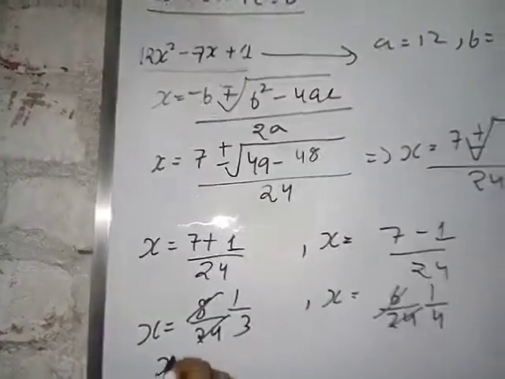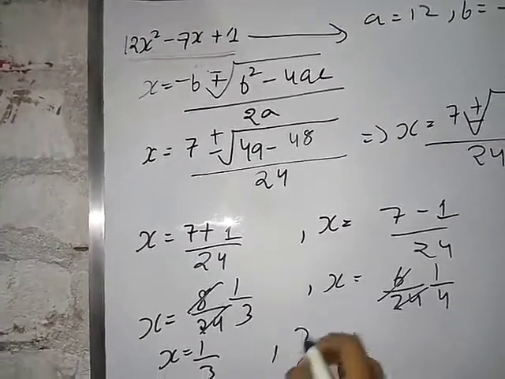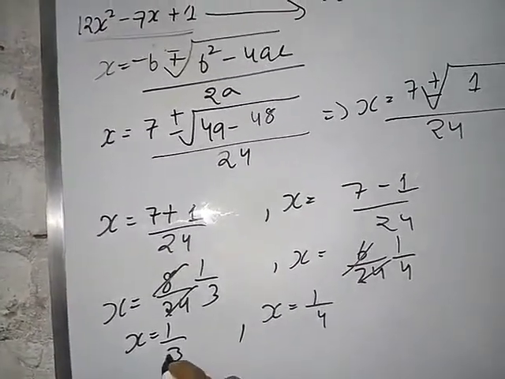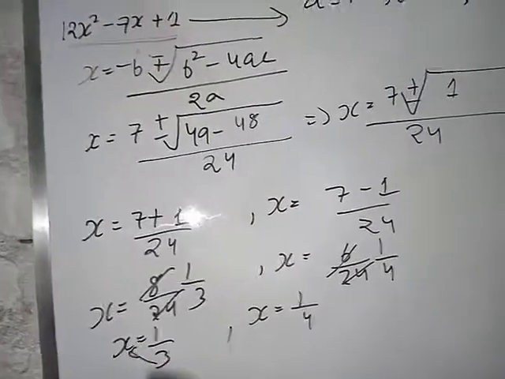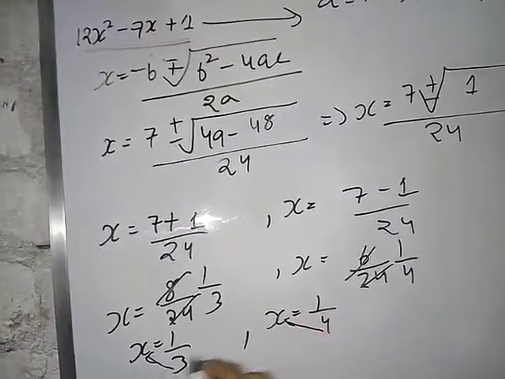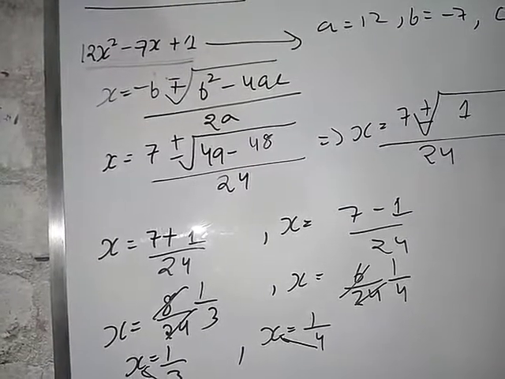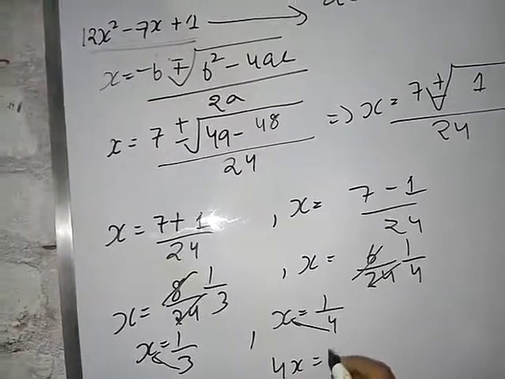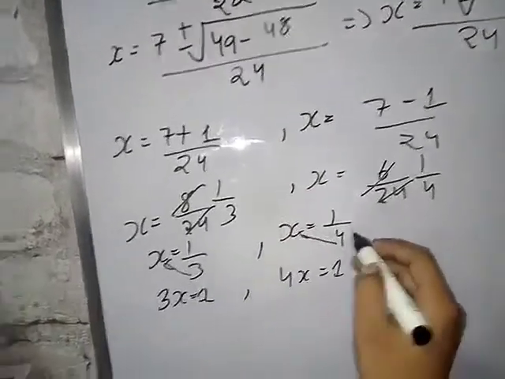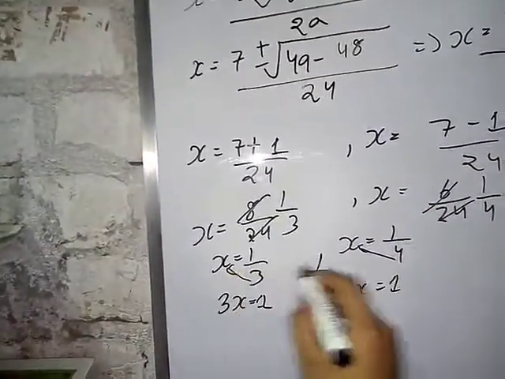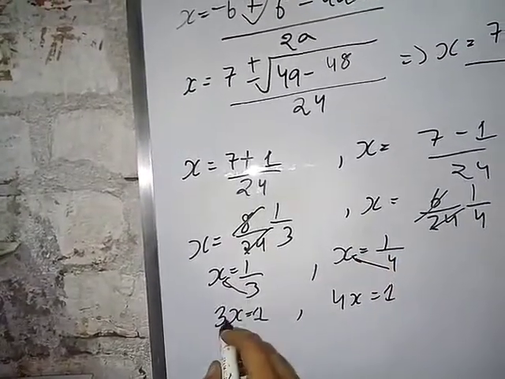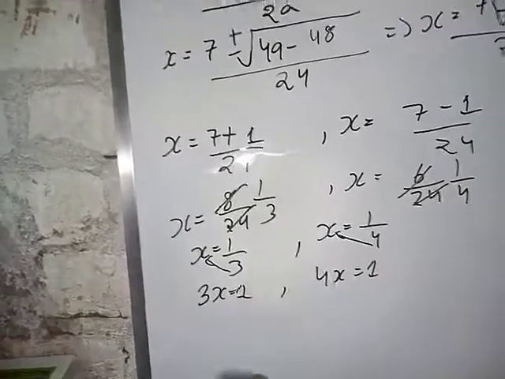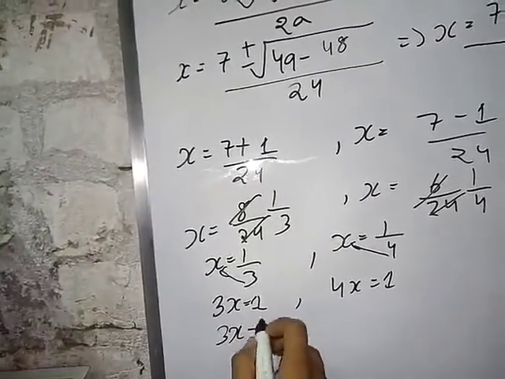So we are getting x equal to 1 upon 3 and x equal to 1 upon 4. If the 3 is multiplied by x and the 4 is multiplied by x, then we would get 3x equal to 1 and 4x equal to 1.